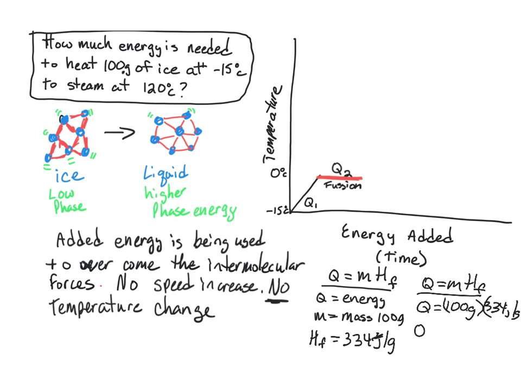And that's going to give you a Q2 equal to a calculator answer of... Now for this one here, I'm using the only number that came from my question, which is the 100 grams, and that has 3 significant figures. So my Q2 is going to be 334.00 joules. So that's going to be the answer for Q2.